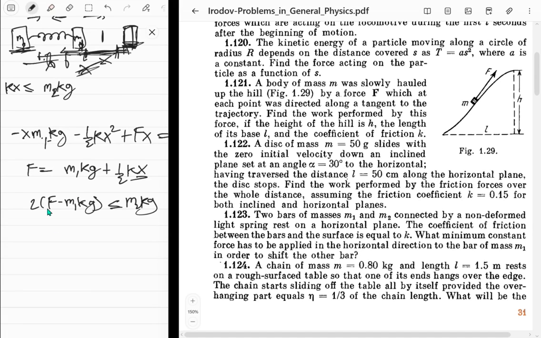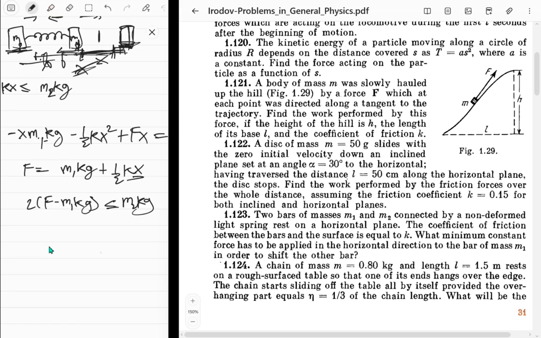So from here you can figure out the minimum force. So actually it was the work energy theorem. Okay, now we got it. So force should be less than or equal to M2 kg upon 2 plus M1 kx for it to not move. Whenever it's equal to that, that's the critical condition. I guess this makes sense.